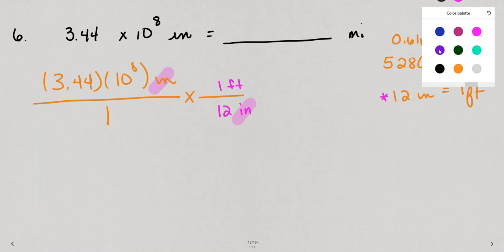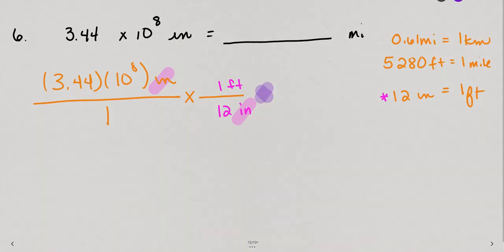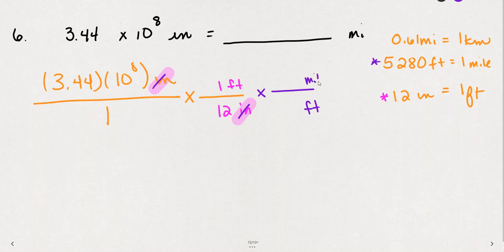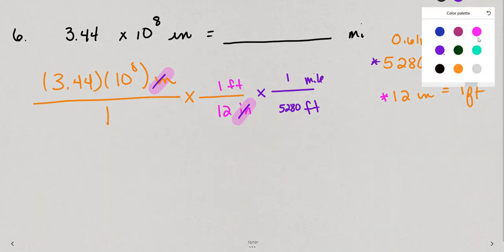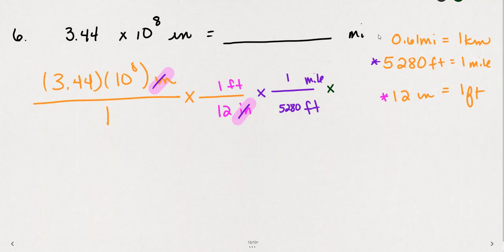And then next we could maybe do, so we'll say times. We're going to want to divide out feet. We've already got rid of inches over inches. So we could go from a feet to a mile. 1 mile, 5,280 feet. And then last but not least, here's a color that we haven't used yet.